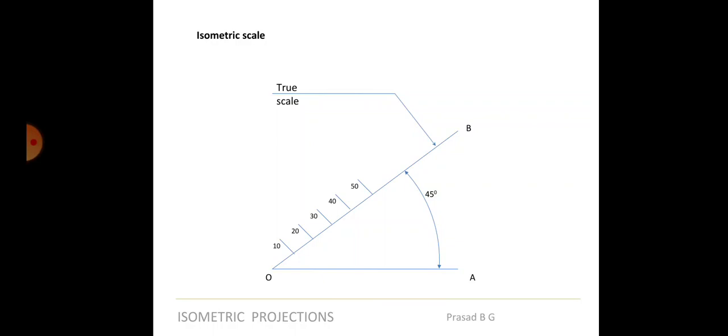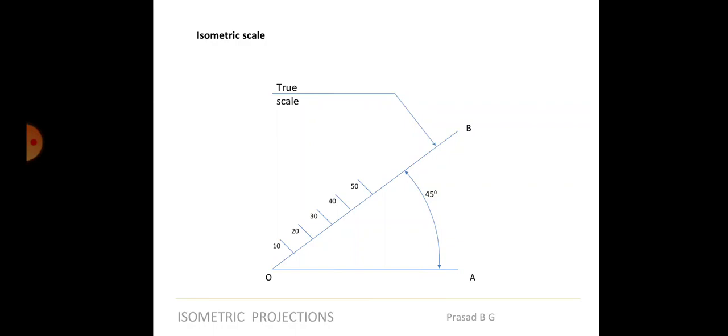Remember, this is not simply marking by hand. You need to keep the scale at that 45-degree line and exactly measure the points. When I say 10, it should be 10 mm on the scale. That's why it's called a true scale. You are measuring this length and placing it. So you will draw a 45-degree line first and then divide that into equal parts, keeping a proper scale there, and mark those points 10, 20, 30, 40, 50, 60, 70, and so on.